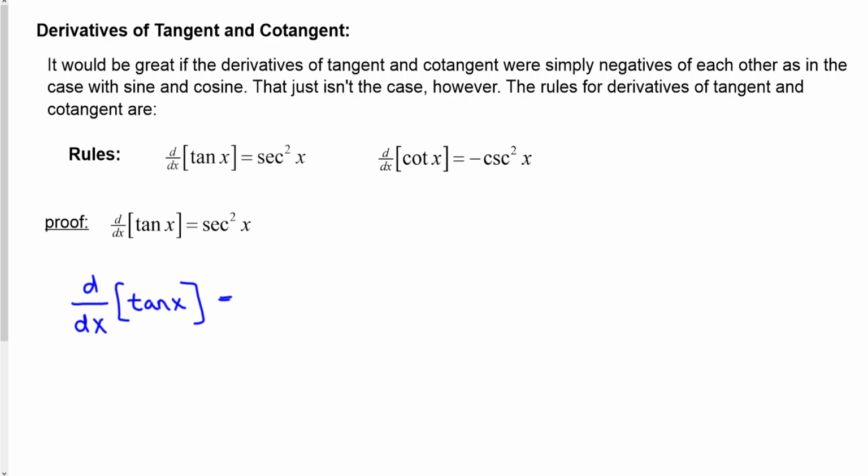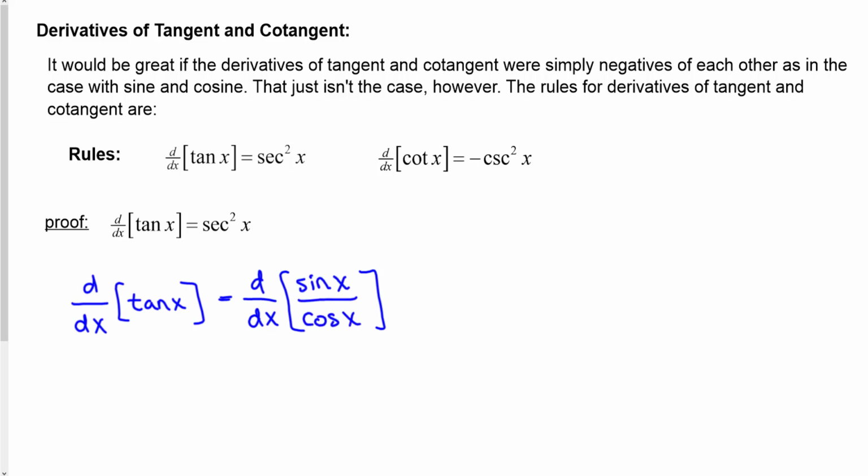So for instance, one thing that we know from trigonometry is the definition of the tangent function. The tangent function is sine divided by cosine. So the sine of x divided by the cosine of x.